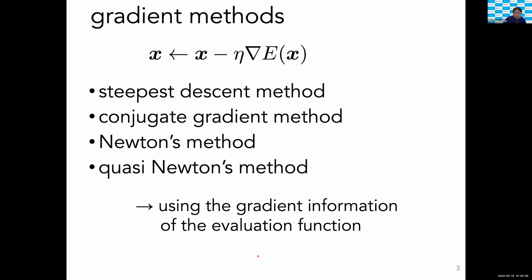On the other hand, these methods cannot be used to search for the optimal value when the evaluation function is not differentiable, or when the evaluation function is not explicitly given.